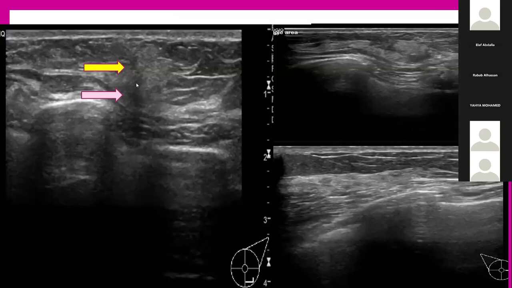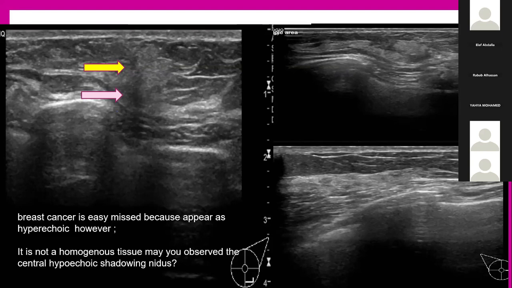Here you can see the shadowing from a nidus of breast cancer with abundant echogenic reaction. It is usually recommended to compare the two sites, so it can be easy to demonstrate that the area is abnormal rather than a normal one.